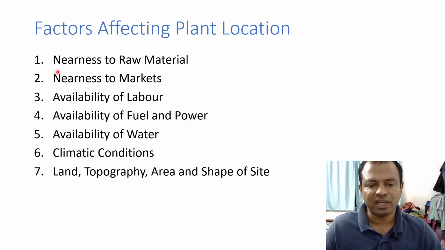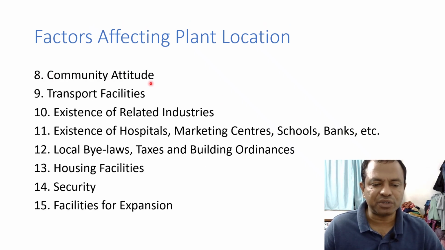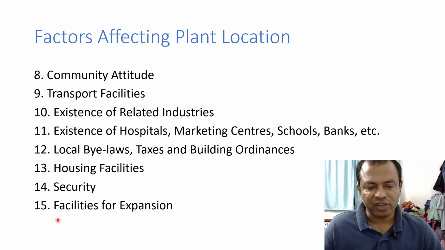So number 1 is nearness to raw material, 2 nearness to markets, 3 availability of labor, 4 availability of fuel and power, availability of water, climatic conditions, land, topography, area and shape of the site, then community attitude, transport facilities, existence of related industries, existence of hospitals, marketing centers, schools, banks, etc., local bylaws, taxes and building ordinances, housing facilities, security, facilities for expansion.